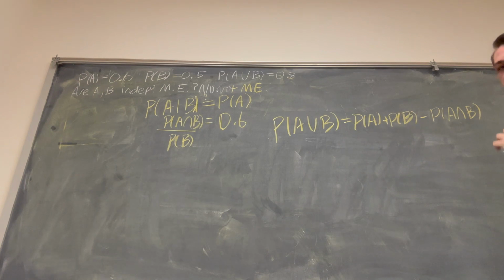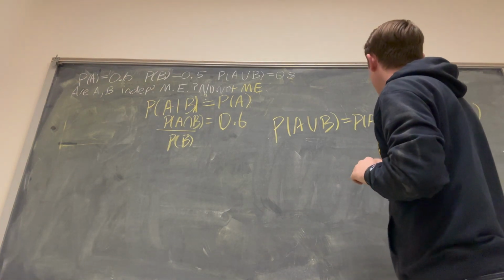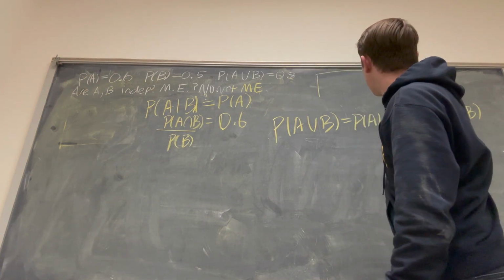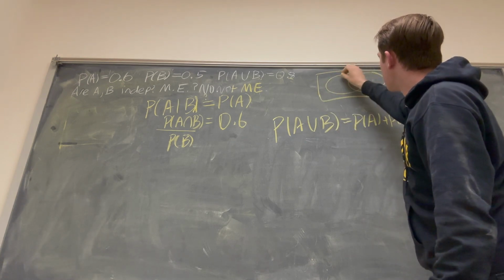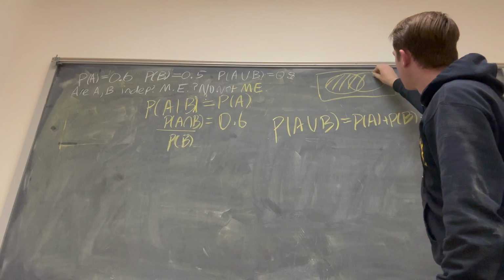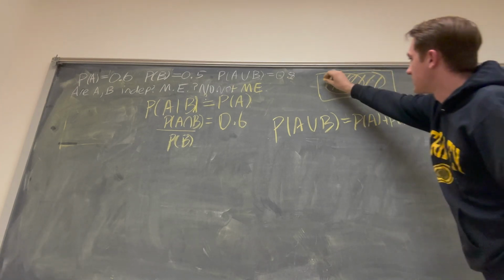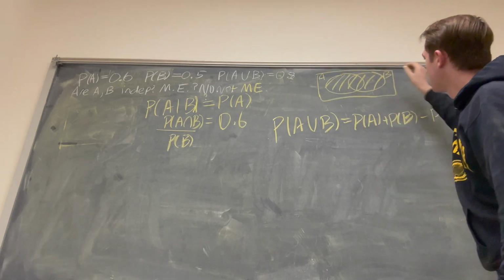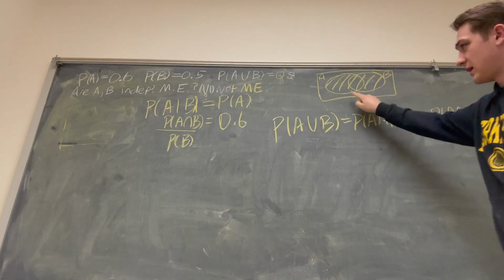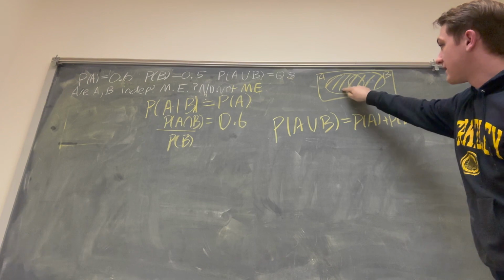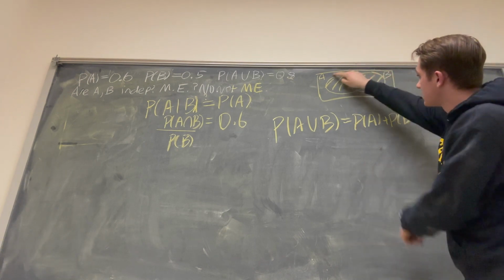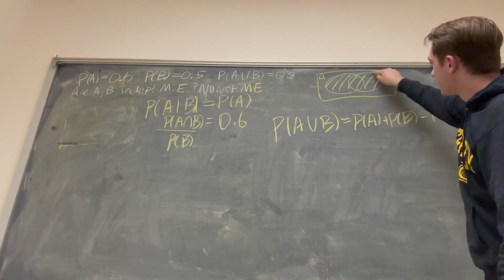Let me show you why this is true first. Let's draw another outcome space. A union B is this whole area here. Let's just draw this is A and this is B. How are we going to calculate the probability of A union B? We're going to add this area to this area right here, plus this area.